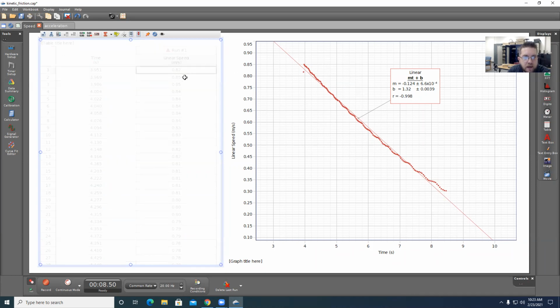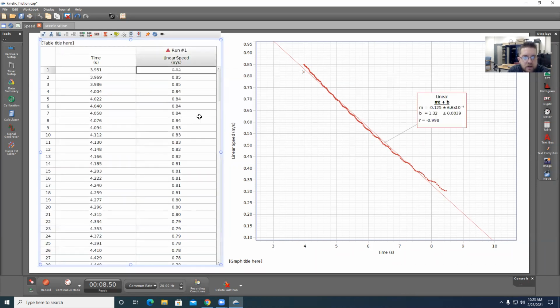So I can right click that and delete it, and then the slope adjusts accordingly. All right. This is giving me a negative slope because of the way this spindle is oriented. And that doesn't matter. You're still going to get a nice positive mu k when you do the calculation.